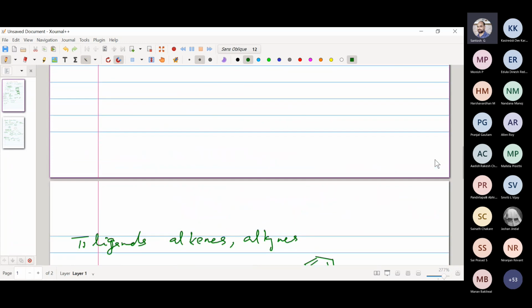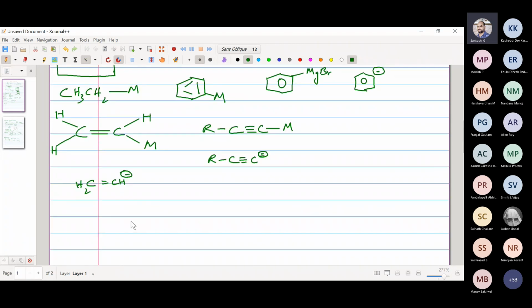So in which case I will simply write it like this. You see here, this is formed by the allyl anion donating it to the metal, forming the carbon metal bond, in which case it's a sigma complex.